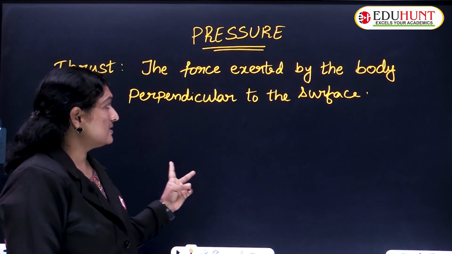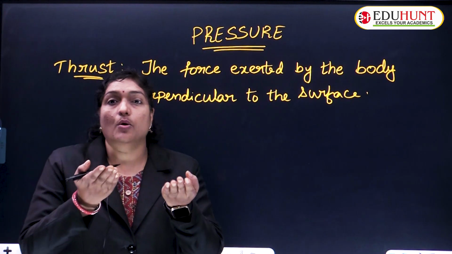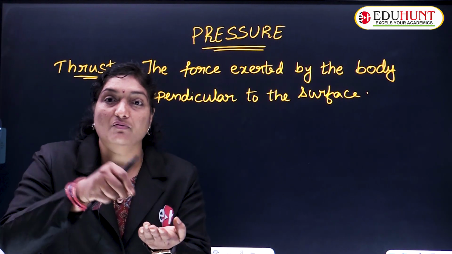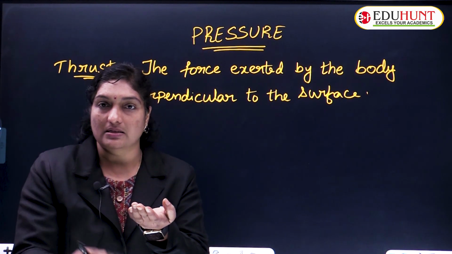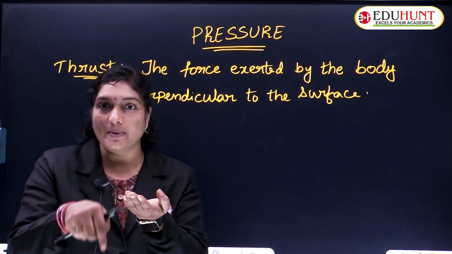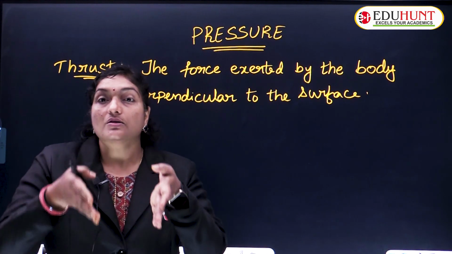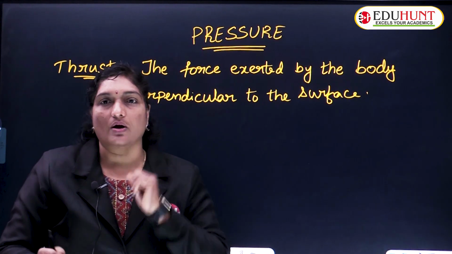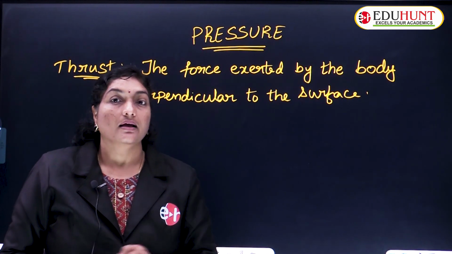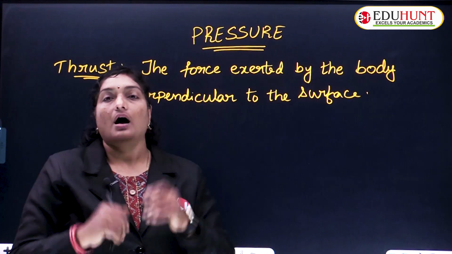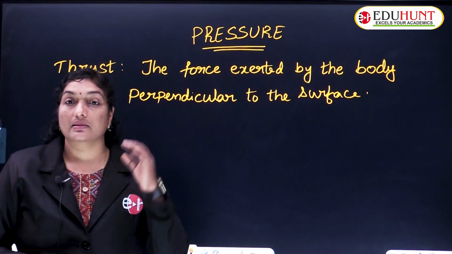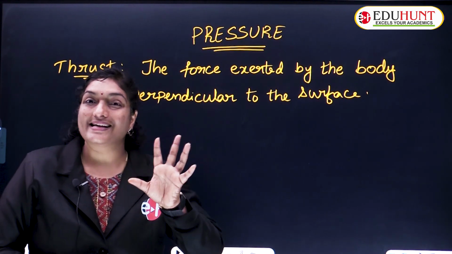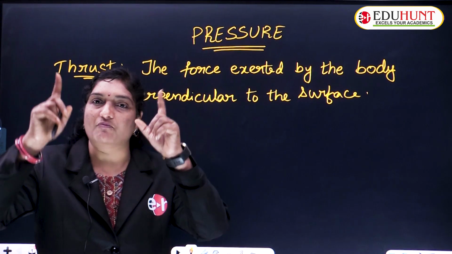So here we can consider two examples, children. Whenever a body is placed on the surface, the weight of the body acts downwards, in the perpendicular direction, normal to the surface. So this downward weight of the body acting on the surface is called thrust. Similarly, whenever a rocket is launched, the rocket exerts thrust in the upward direction.